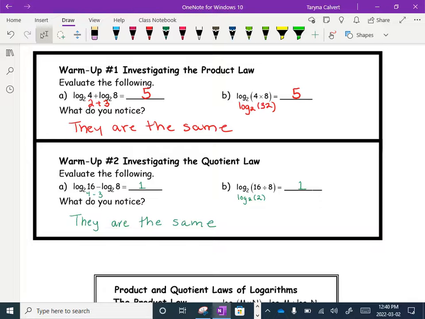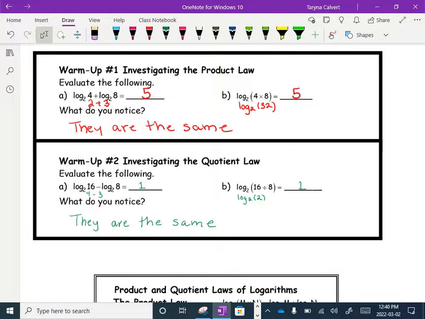So if you're adding logs, you can put the arguments together, and you can simplify it to one log. In this situation with the base 2, and what do you do to the arguments? You can multiply them. So addition means multiplication when you're using your log law, your product log law. Again, these are on your formula sheet, but you probably won't need your formula sheet because you'll use them so much. So addition, same bases, you can put them together by multiplying the arguments.